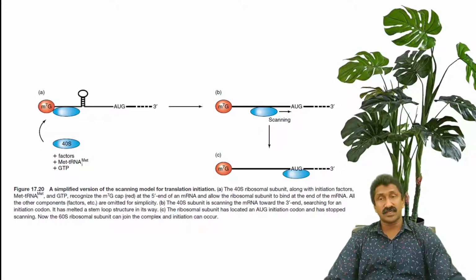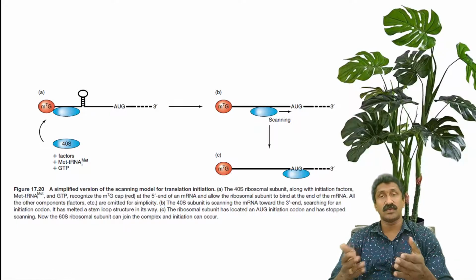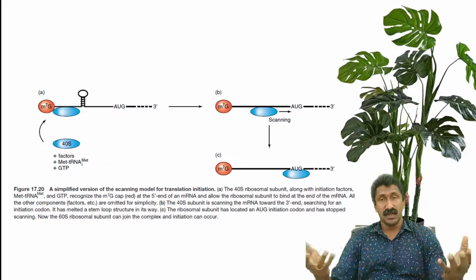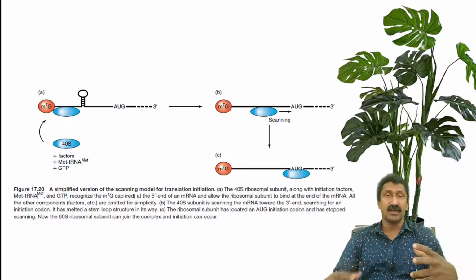But when the smaller subunit binds along with other factors, like different initiation factors, the charged methionine tRNA, and the GTP, these loop-like structures within the RNA will be unlocked, and that region of the RNA will be made available for scanning of this complex downstream along the mRNA to find the AUG codon, which is the initiation site.